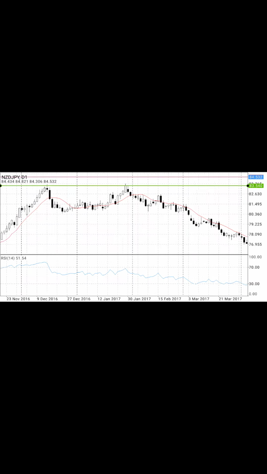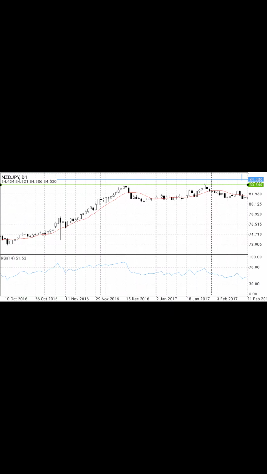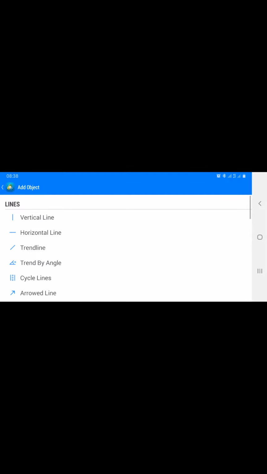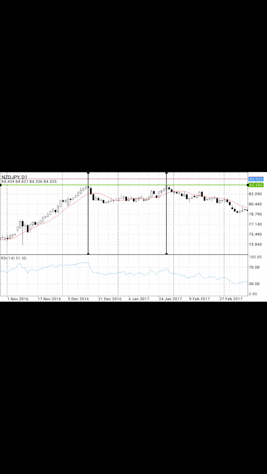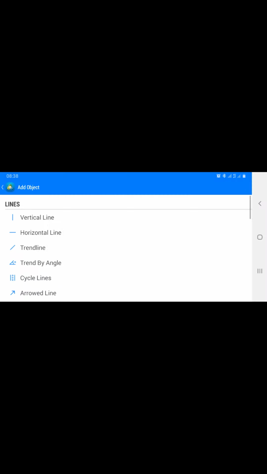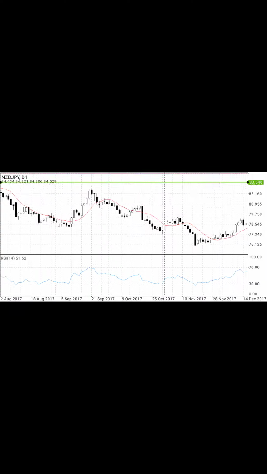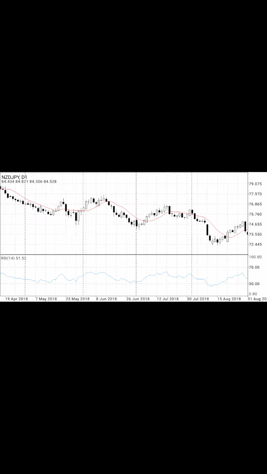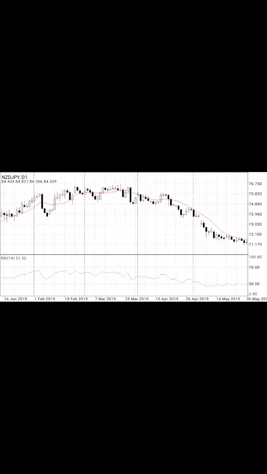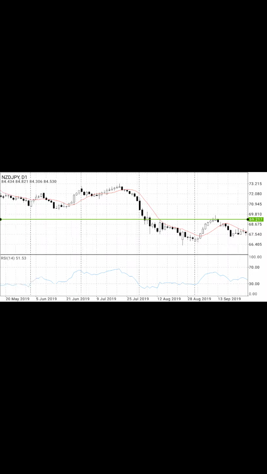I will need that. Like that. Another reinforcement right here. So after that, price majorly bearish.